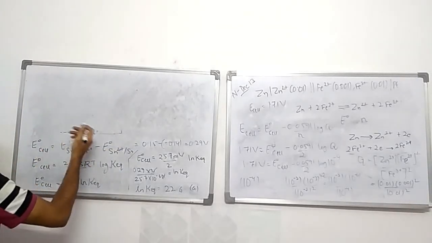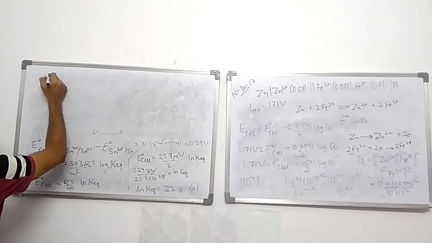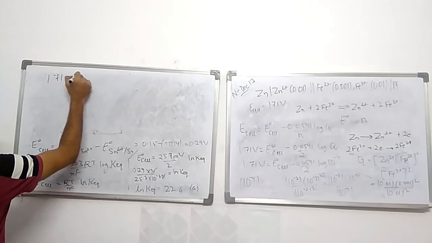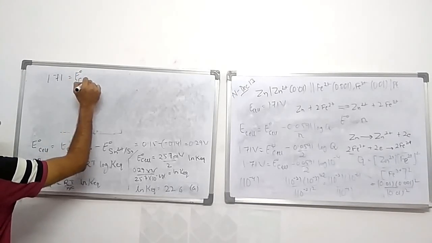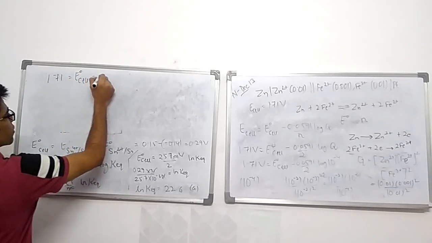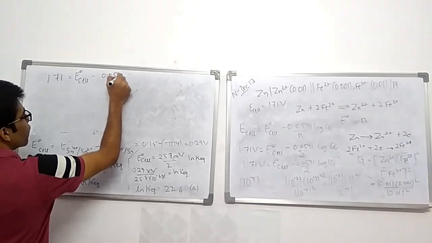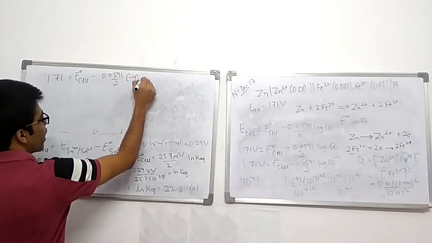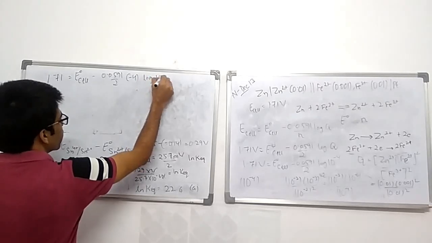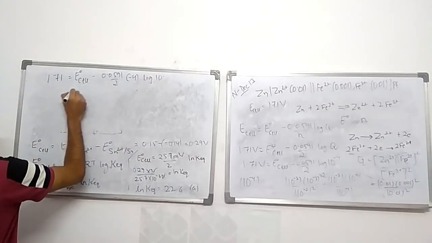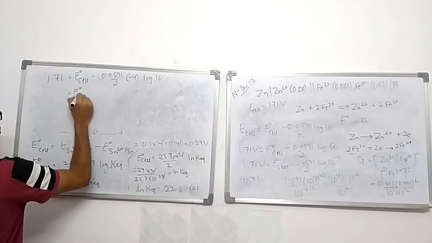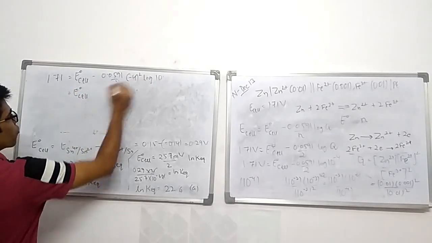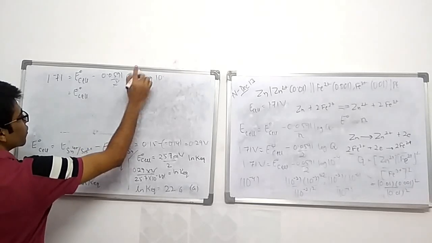On solving, we would get 1.71 is equal to E naught cell minus 0.0591 by 2 power minus 4 comes here. I am left with log 10. So I get E naught cell, this cancels, I am left with 2 here.